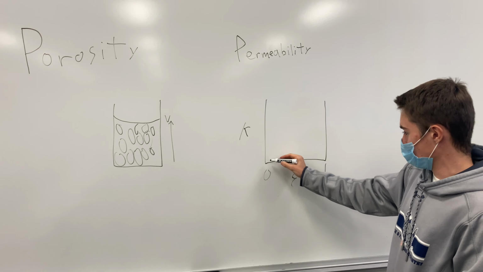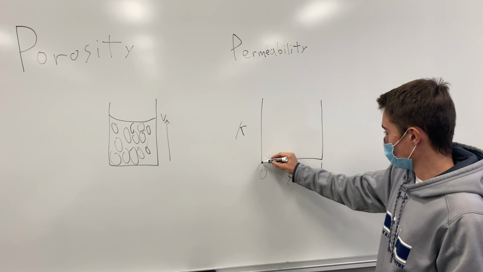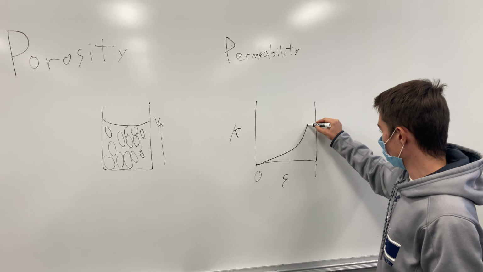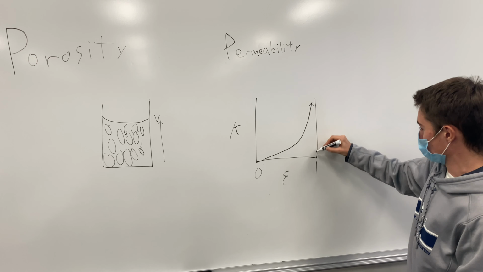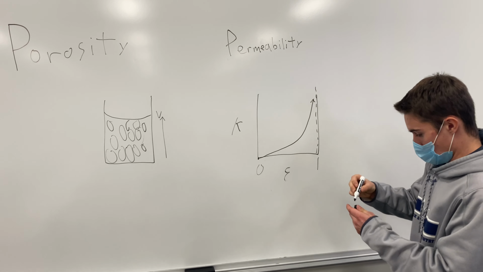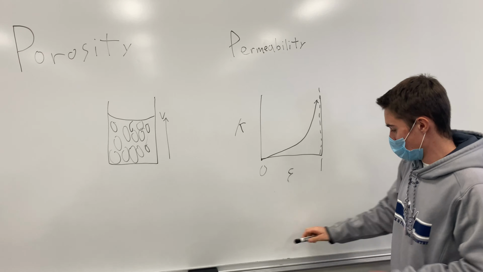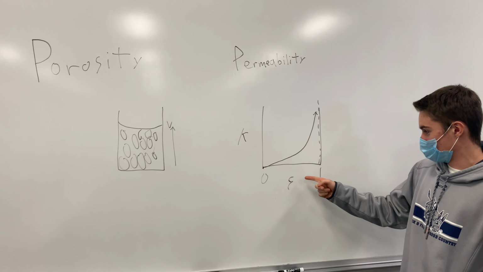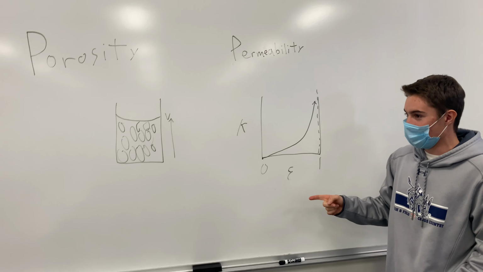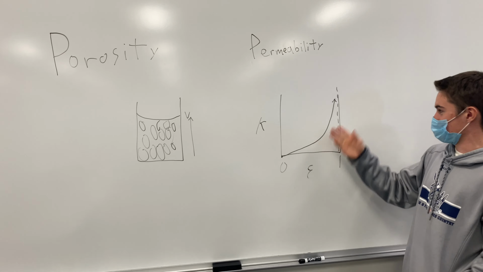So what we get is, starting at 0, we go up and reach an asymptote. So one thing we must assume is that the epsilon value is small enough so that the permeability does not reach infinity, basically.